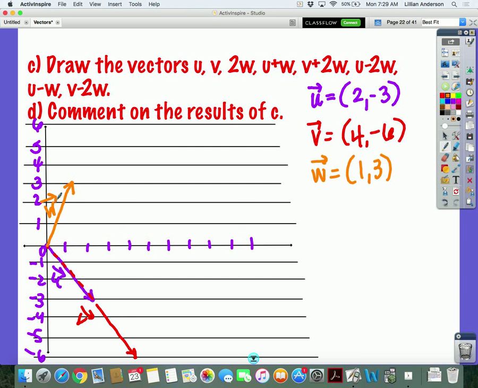Now we're going to do 2 times w. 2 times w basically means that it's going to be twice as long as w heading in the same direction. So 2 times vector w, what is that? Hopefully you thought to yourself, oh yeah, I know what that is. That's going to be 2, 6. So all I have to do is multiply vector w by 2, okay?